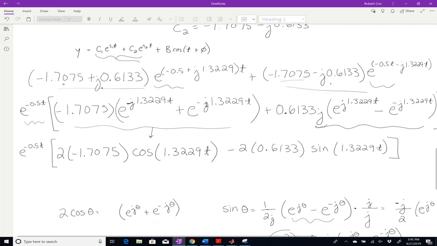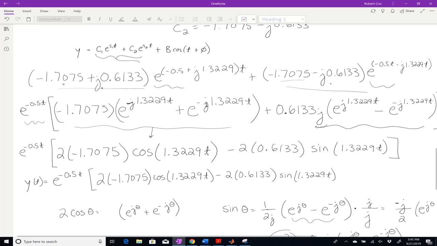So if I go back to my full y of t, it must be e to the negative 0.5t times 2 times minus 1.7075 cosine 1.3229t minus 2 times 0.6133 sine 1.3229t.